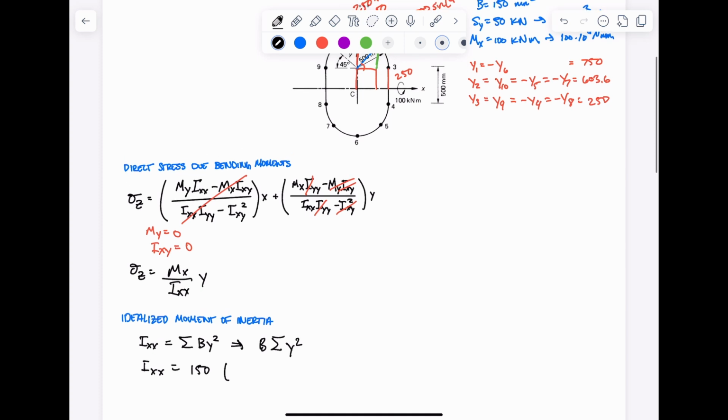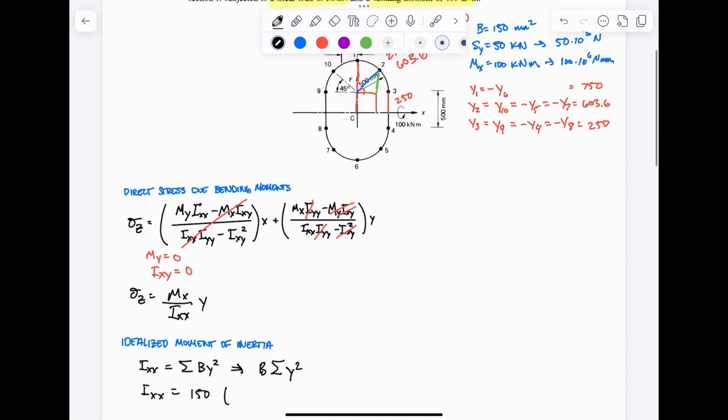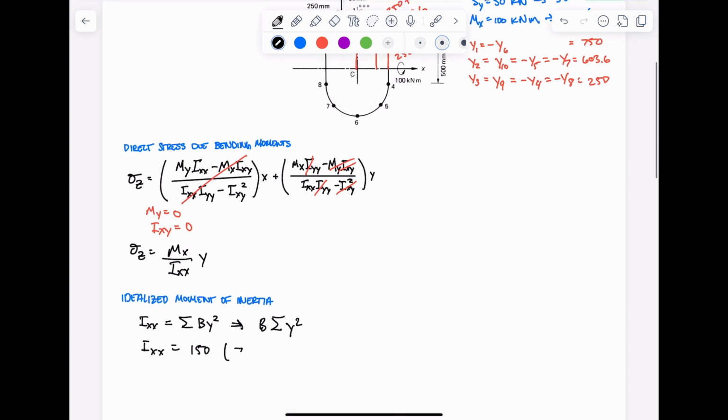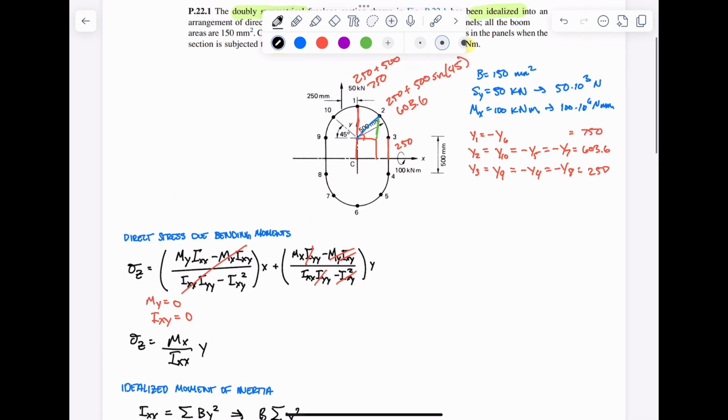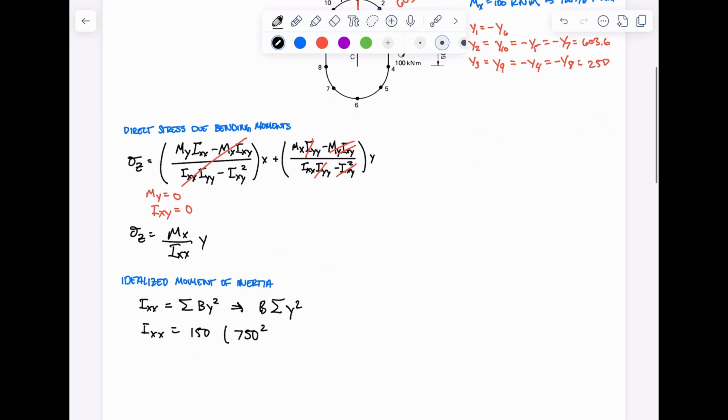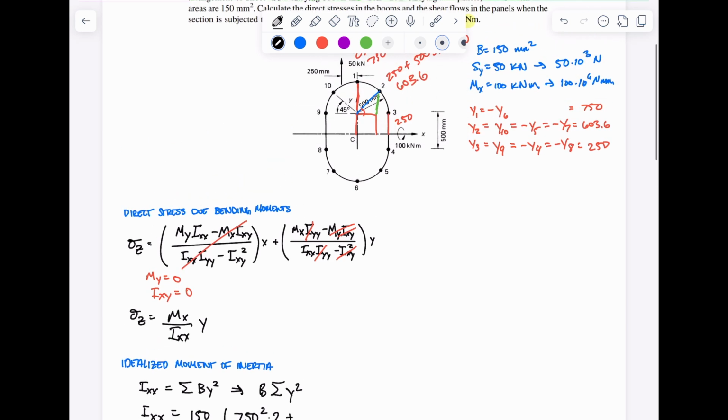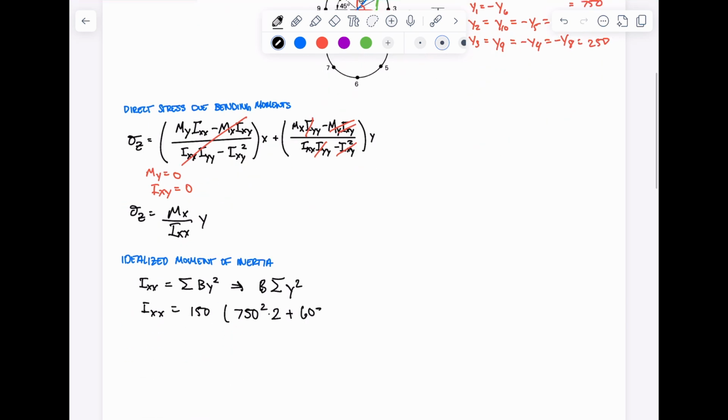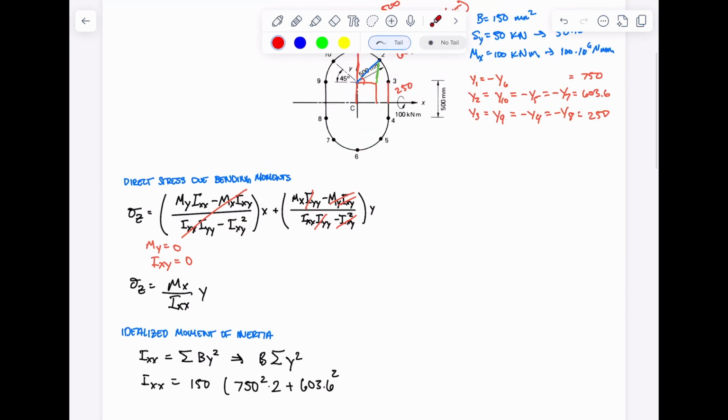Let's plug it in here. So we know that y1 is 750 squared. We also have to multiply by 2 because there are two booms. And the sum of 603.6 squared times 4, as there are 4 in this case.